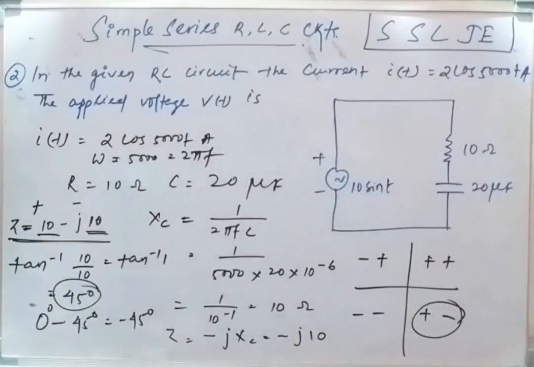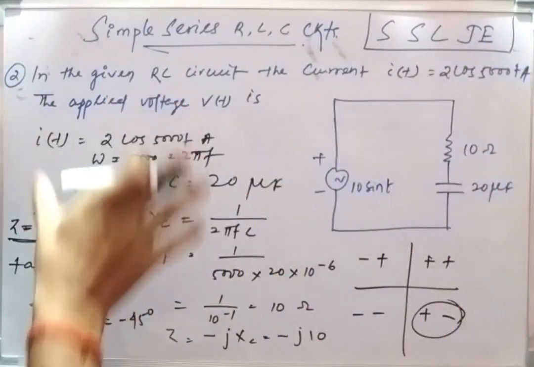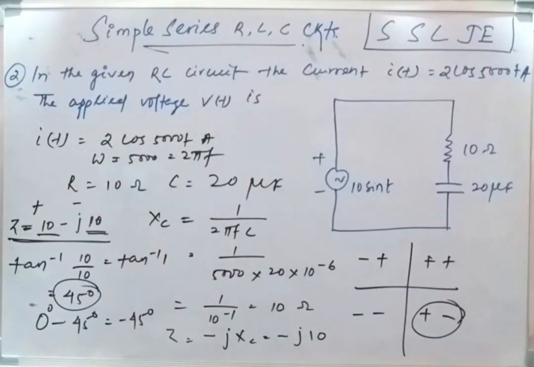So option 1 is correct. Just look at the diagram, find the omega from this expression and solve this. You will get the answer. Okay, just use your basics and nothing else. So just by finding out the phase difference, we got the answer, that is option A.